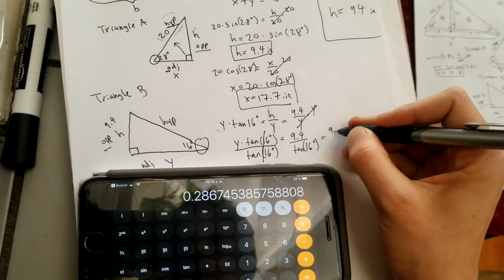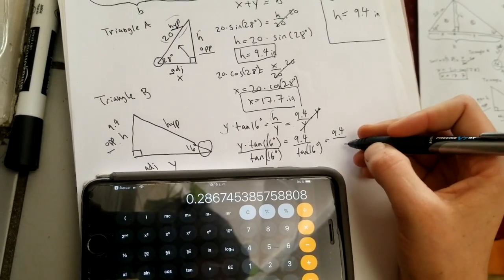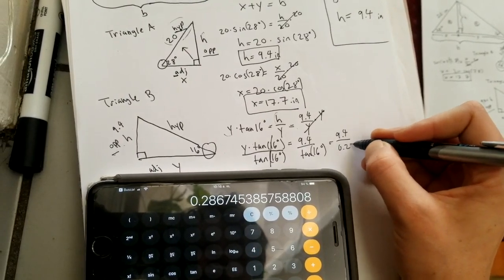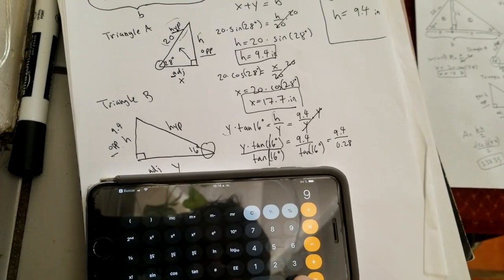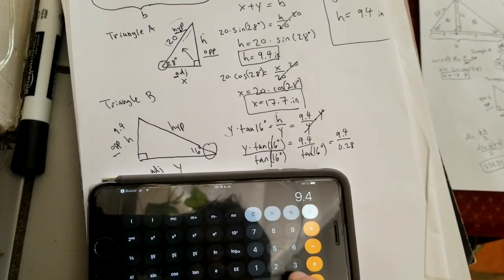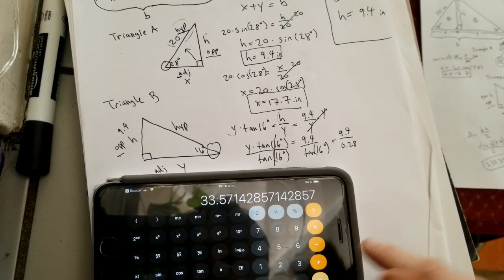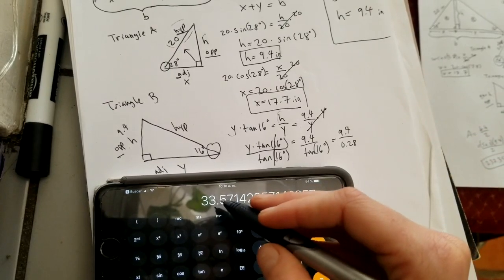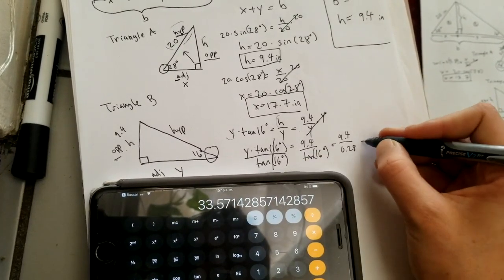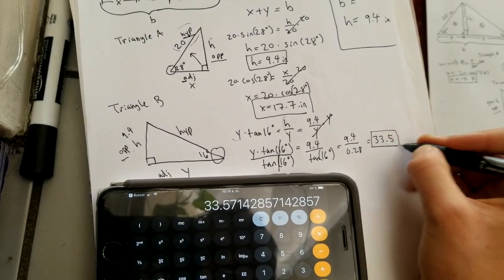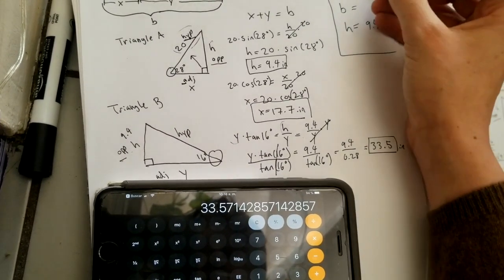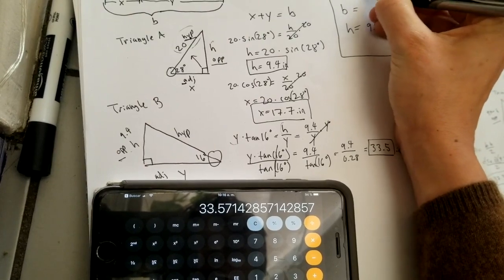And I get 0.28. So I'll take 9.4 and divide by 0.28. And I get 33.5 inches. And don't forget putting this in my answer box.